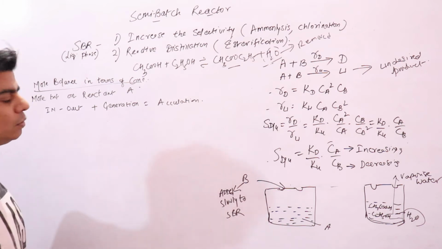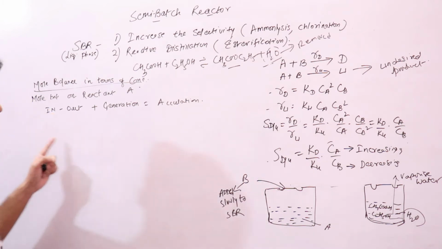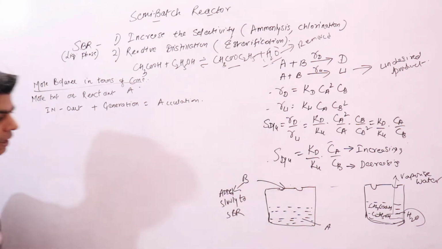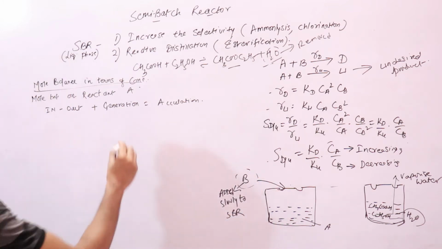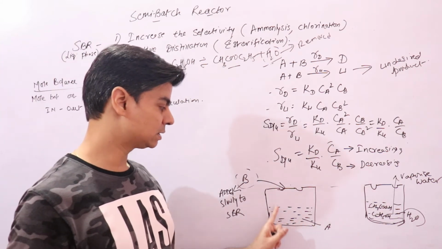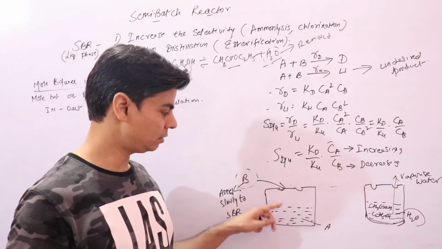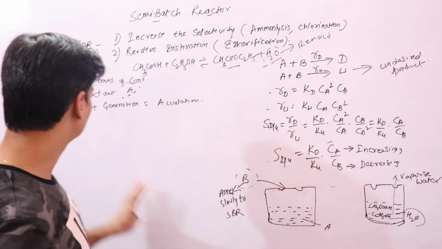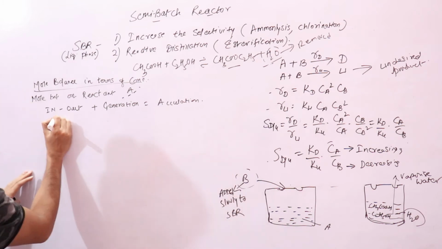Everyone knows this. Now in this, what is coming in and what is going out? Your reactant B is coming in. So if we carry out the mole balance on reactant A, we'll only be looking at A. A is neither coming in nor going out, so in and out for A is 0.